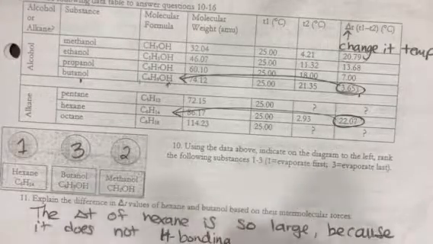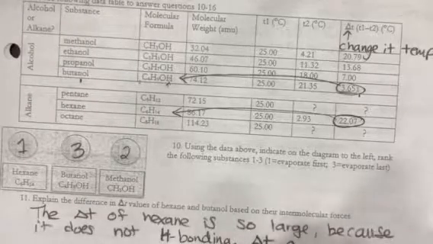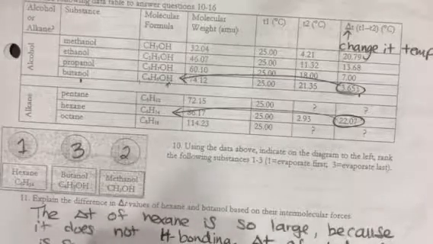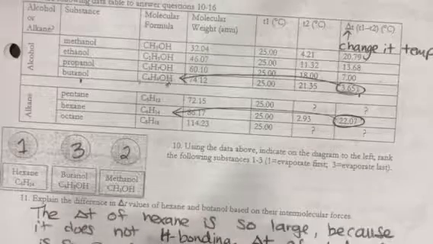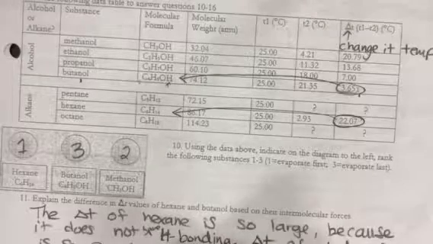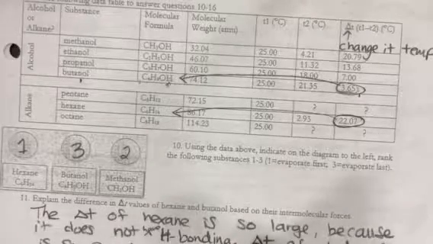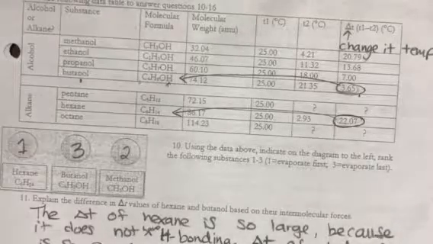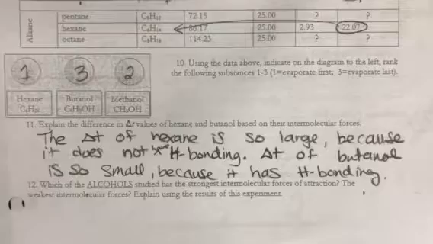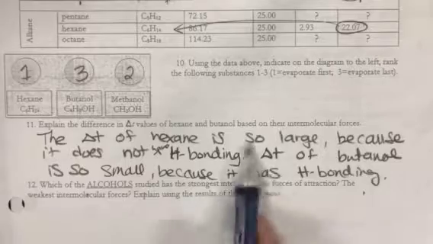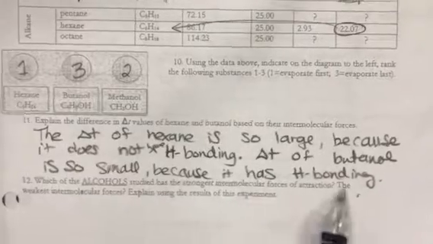And the delta T of butanol is so small because it has hydrogen bonding. Oops, excuse me, I mixed that up, silly me. There we go. So again, the delta T of hexane is so large because it does not have hydrogen bonding. Delta T of butanol is so small because it has hydrogen bonding.